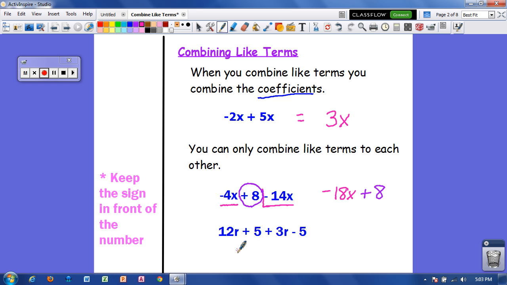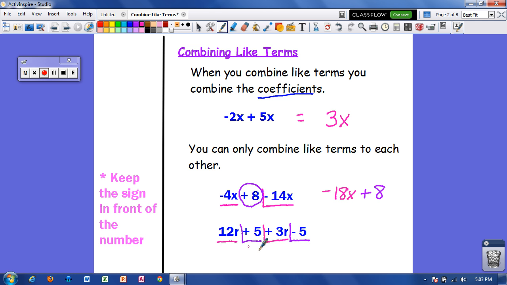Here we have 12r plus 5 plus 3r minus 5. So here I can combine 12r plus 3r, remember keep the sign with that term, and I can combine this positive 5 and then I'm going to subtract 5 from that.